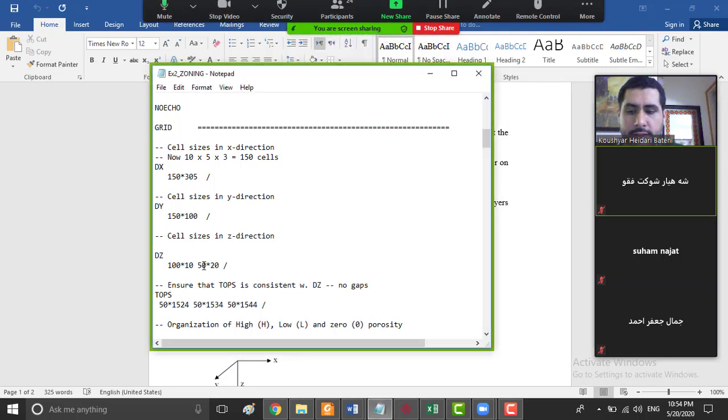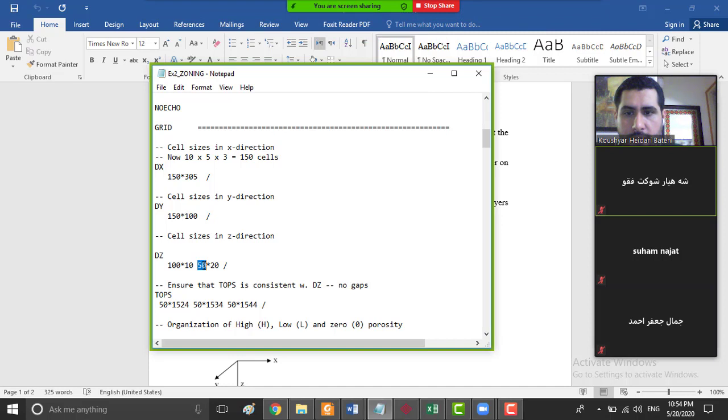And when I write 50 star 20, or 50 times 20, it means that for the next 50 cells after these 100 cells, the value of dz is equal to 20.